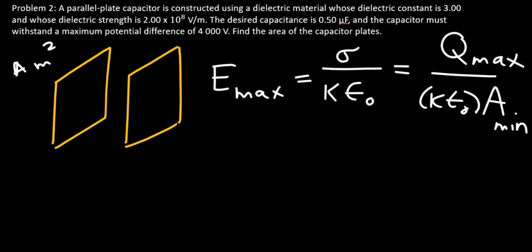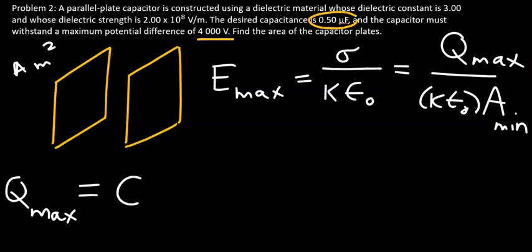Now, since we are told that the desired capacitance is 0.5 microfarad and the capacitor must withstand a maximum potential difference of 4000 volts, when the potential difference is 4000, the charge must be the maximum charge. So the capacitor equation will look like this.